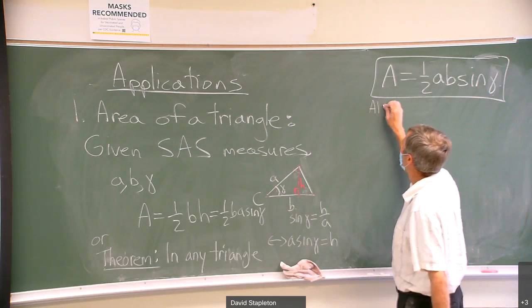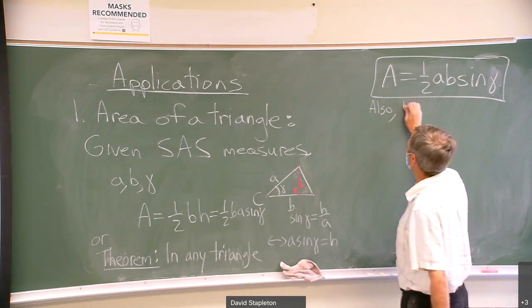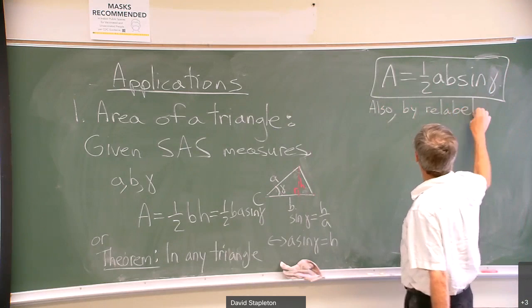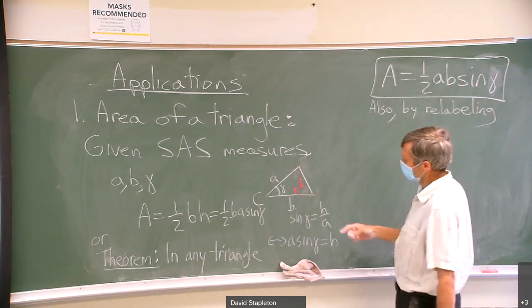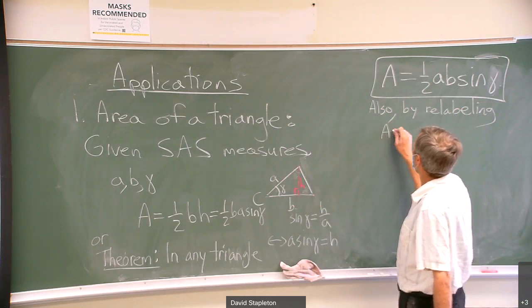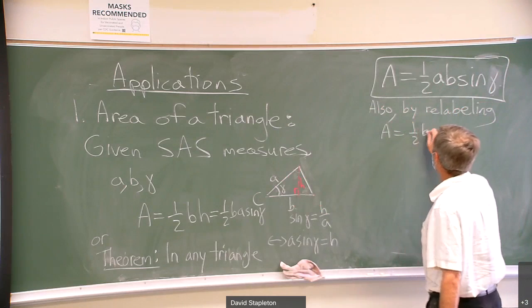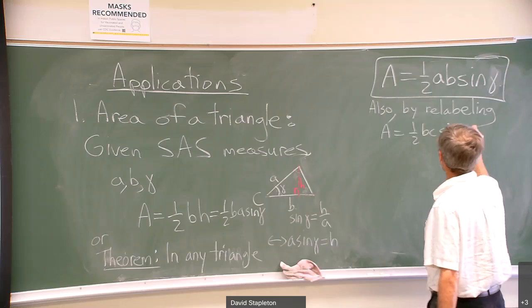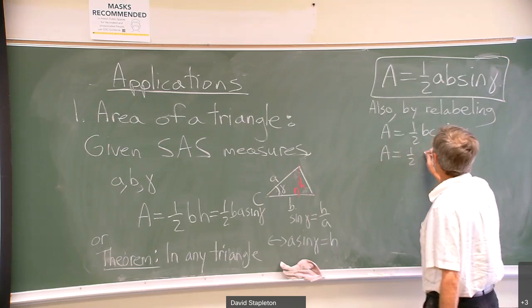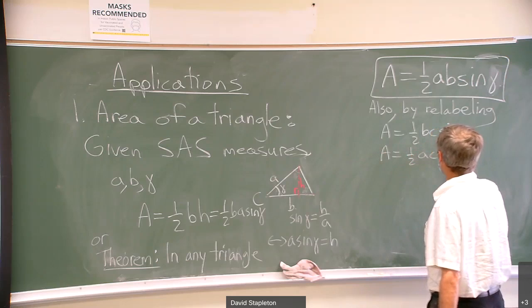Also, by nothing more than relabeling the sides, maybe B is here and C is here, we can write that area is 1/2 BC sine alpha, or 1/2 AC sine beta.